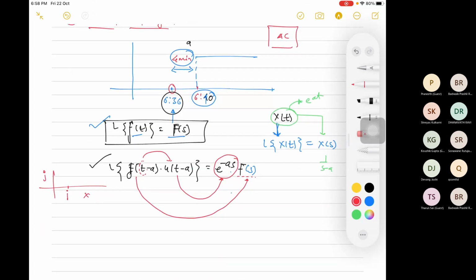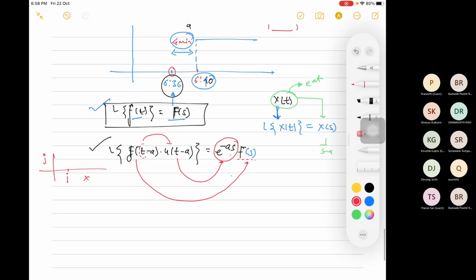Now, based on this, should I take one example for this Laplace? I'll take the Laplace transform of t minus 2 times u of t minus 2. What is that value? I said the Laplace of u of t minus a is e power minus as. What is the value of a? a is 2, so this is e power minus 2s.